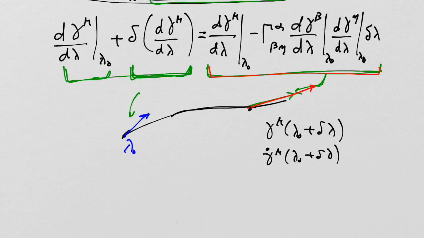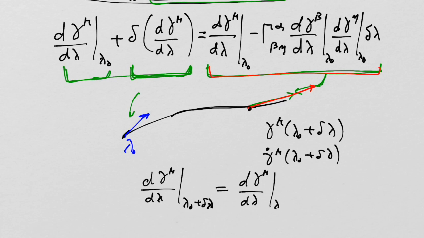And we can then write the tangent vector d gamma mu d lambda evaluated at the point lambda 0 plus delta lambda. That has got to be the tangent vector at lambda 0 plus, are you ready for this? It's the second derivative of the tangent vector at lambda 0 times the small increment delta lambda.